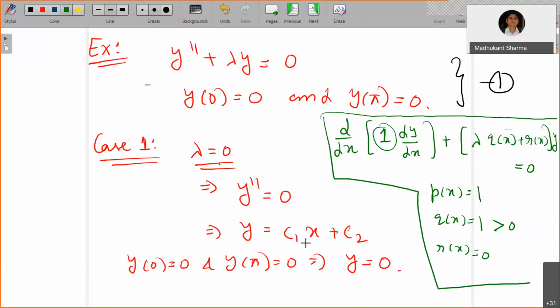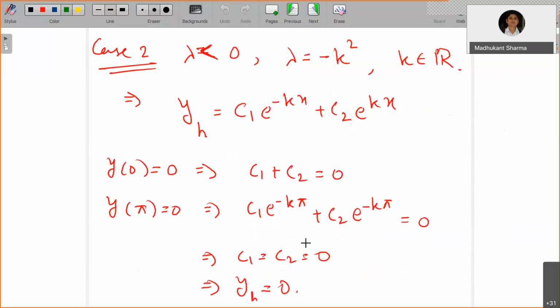Now let us consider the next case, where lambda is negative. So lambda equals minus k square, where k is some real number.